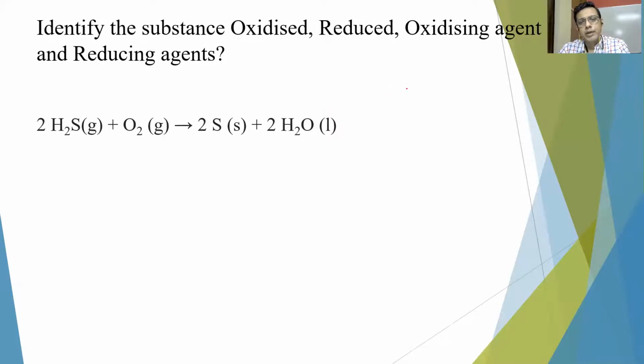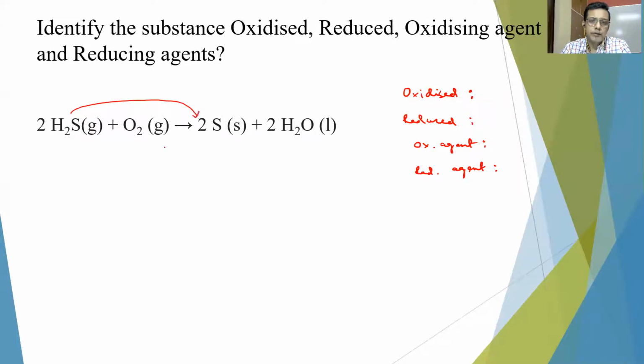So what I have to specify is the substance oxidized, the substance reduced, oxidizing agent, and reducing agent. So there are 4 you have to identify. And you should know that all these will be seen in the reactant side.